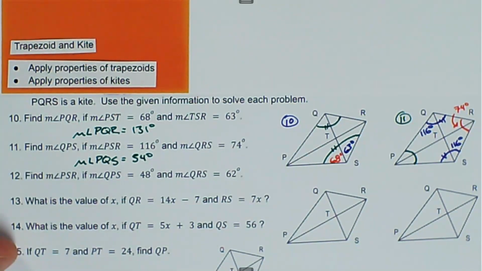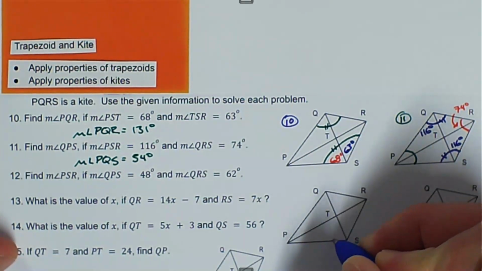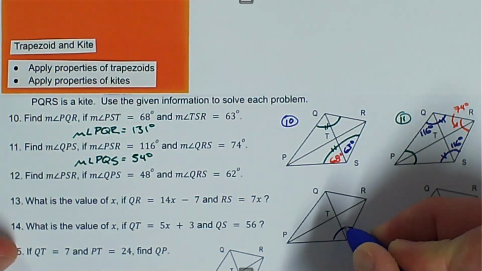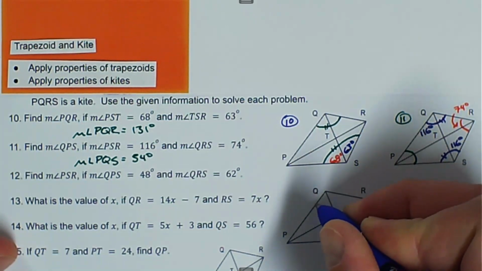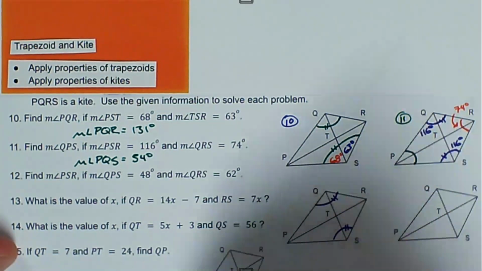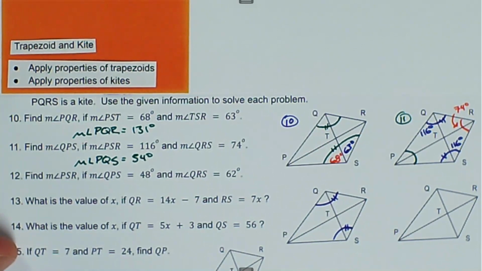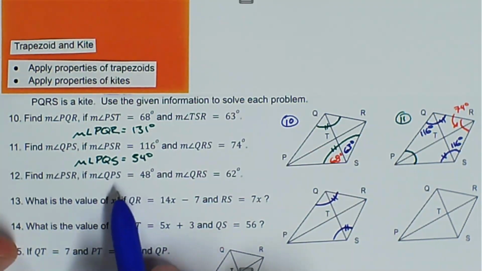Number 12, find the measure of angle PSR. So we want to find the measure of angle PSR right there. And we do know that these are congruent. We're trying to find that angle.